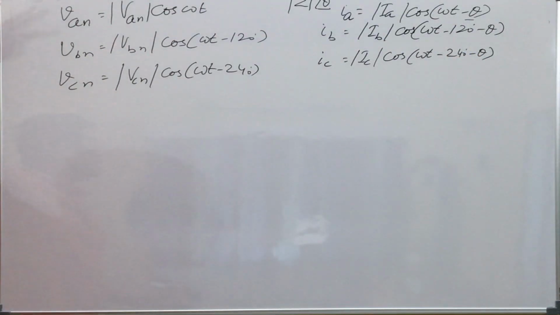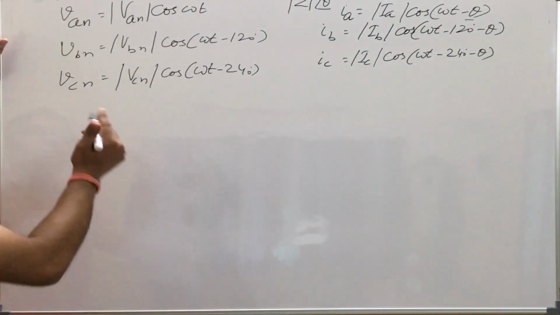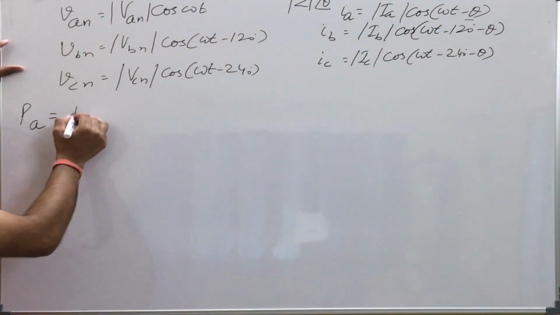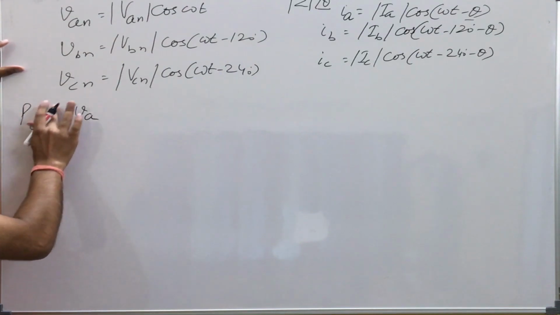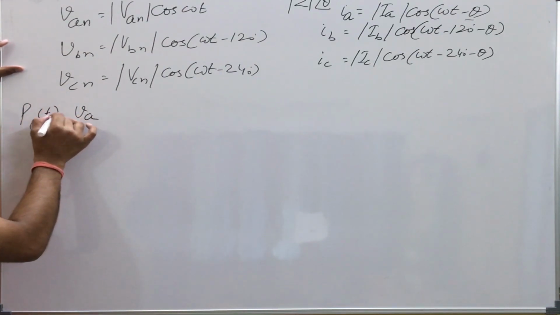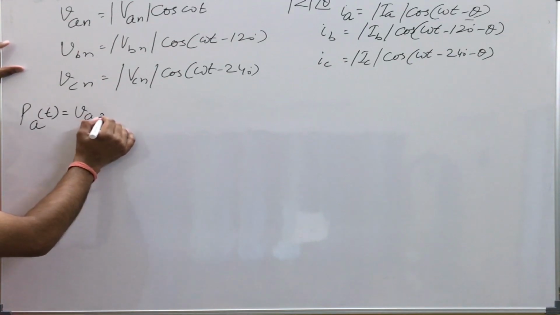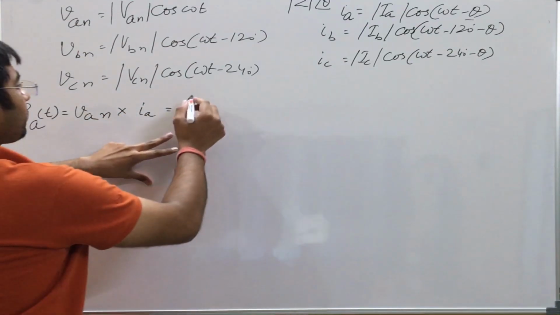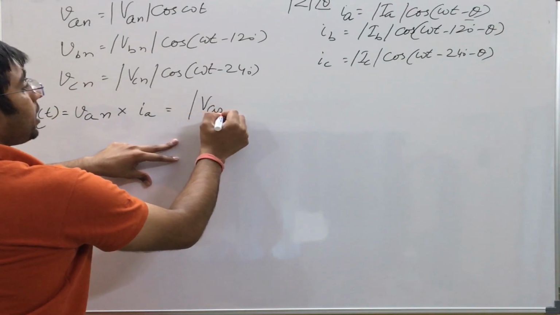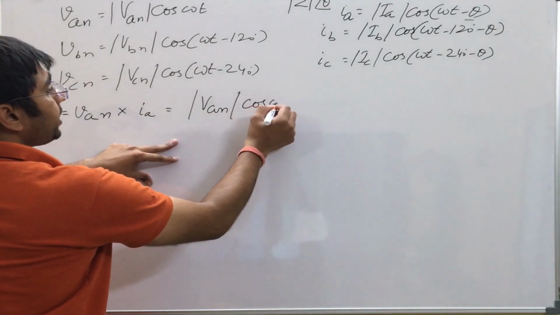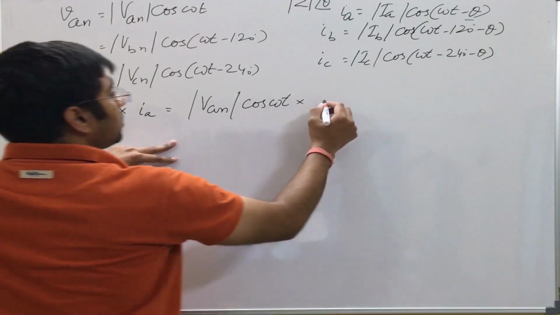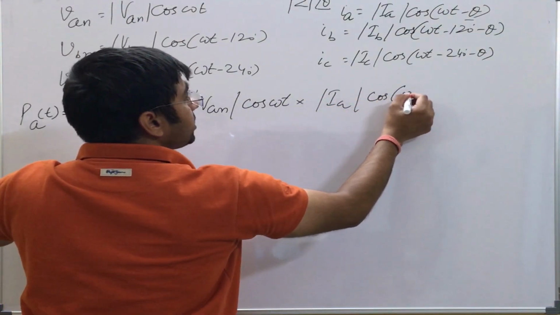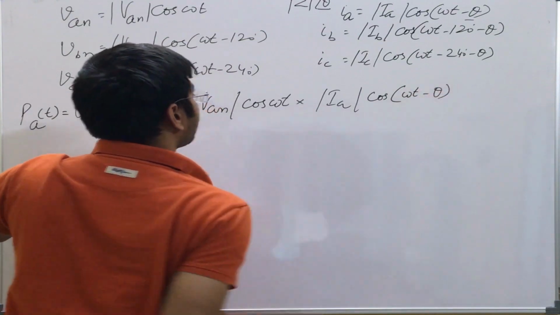Let us see what the one-phase power is first. The power in phase A: let us say we find the instantaneous power VAN into IA. It will be VAN cos omega t into IA cos(omega t minus theta).